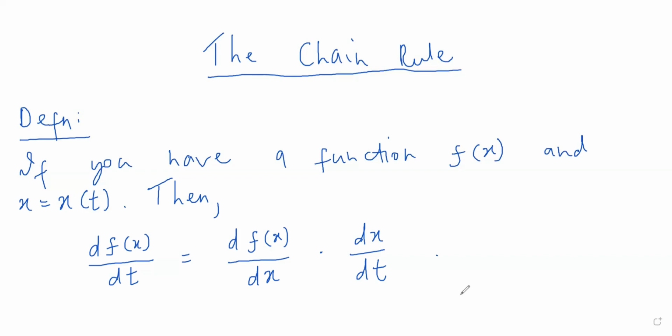So how do you apply this definition of the chain rule to a practical situation? So let's look at some examples and see how we apply the definition of the chain rule.